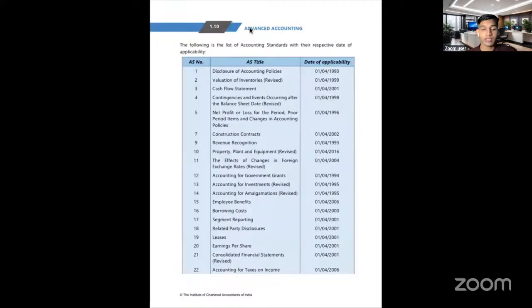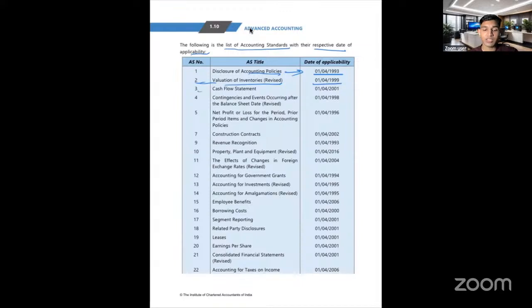Now, the following is the list of accounting standards with their respective dates of applicability. AS1, disclosure of accounting policies, came into effect on 1st April 1993. AS2, valuation of inventories (revised), came into effect on 1st April 1999.